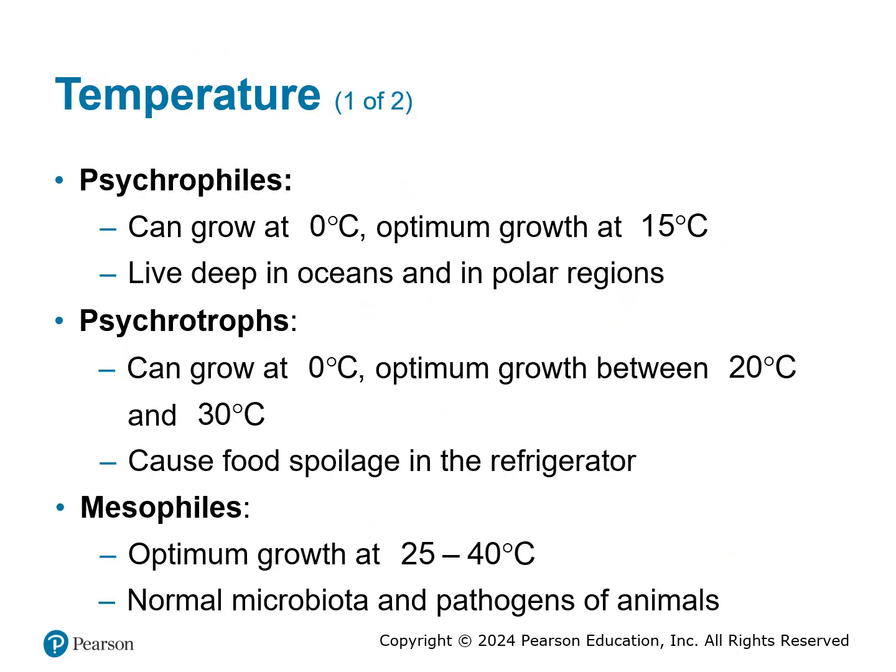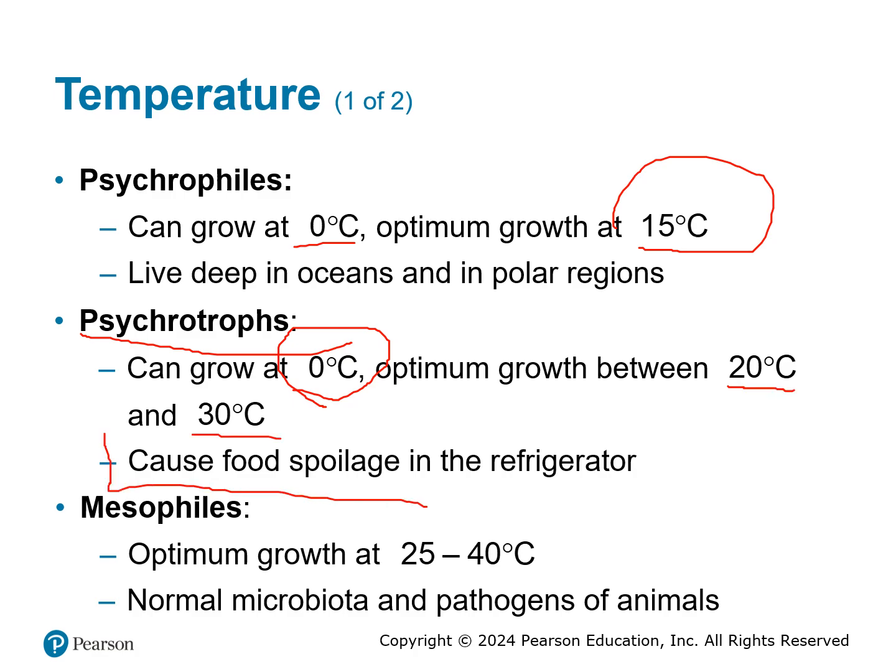All right, psychrophiles are going to grow at about 0 degrees, optimum growth 15 degrees Celsius. That's cold. Psychrotrophs can grow at 0 degrees Celsius, optimum between 20 and 30 degrees. And unfortunately, these guys are the ones that can live in our food in the fridge.